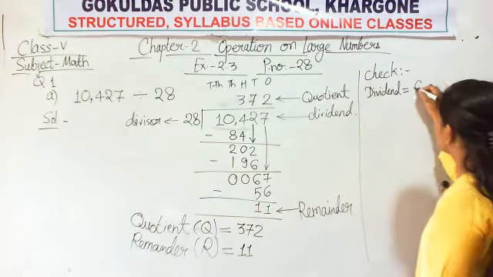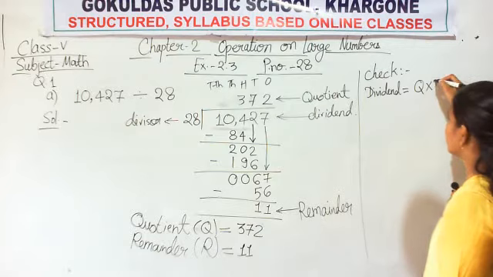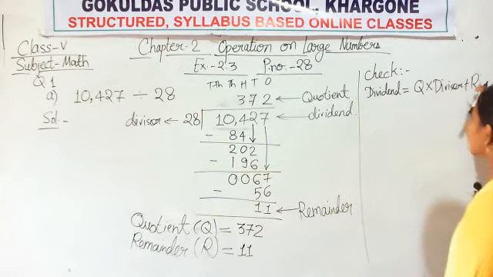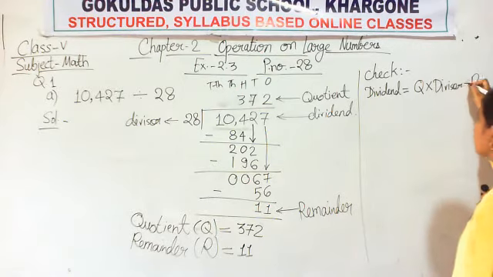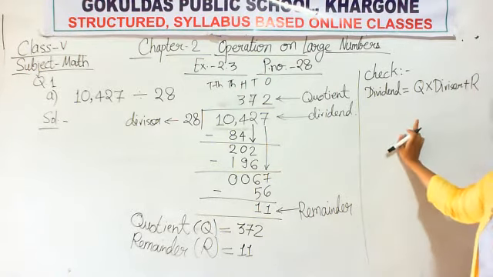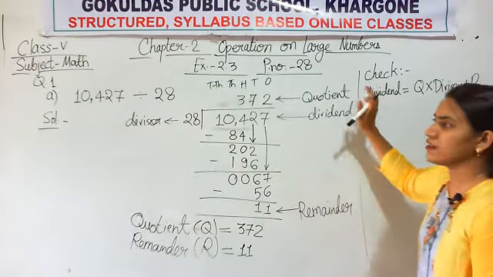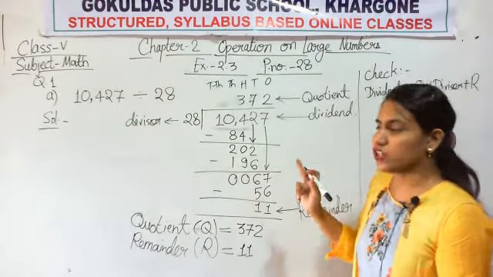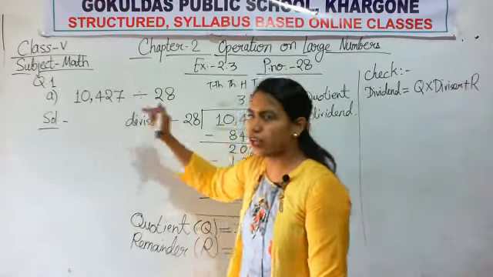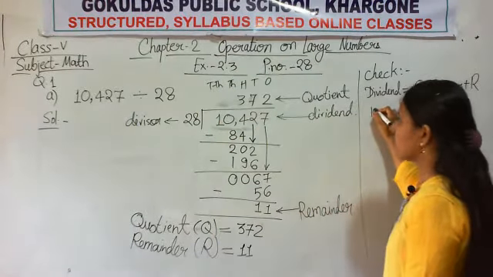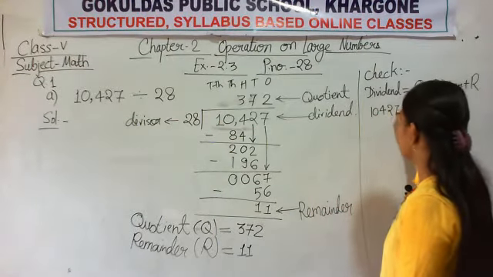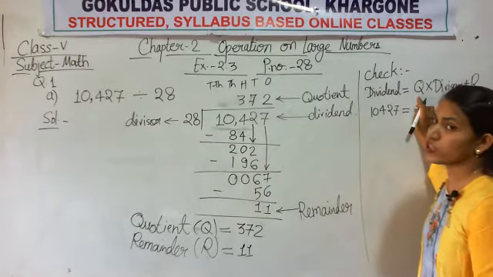Dividend equals to quotient into divisor plus remainder. I told you that R means remainder and Q means quotient. Now, what is your dividend? Dividend is already given in the question, right? So write here 10,427 equals to, what is your quotient?